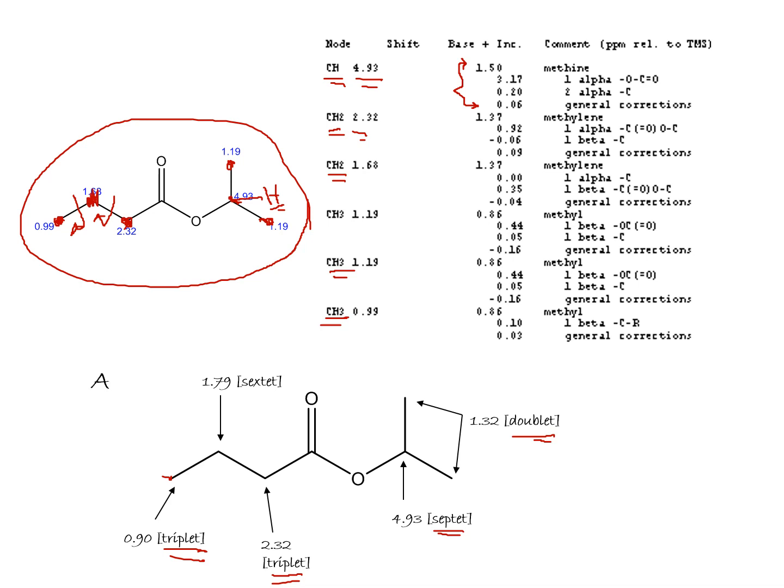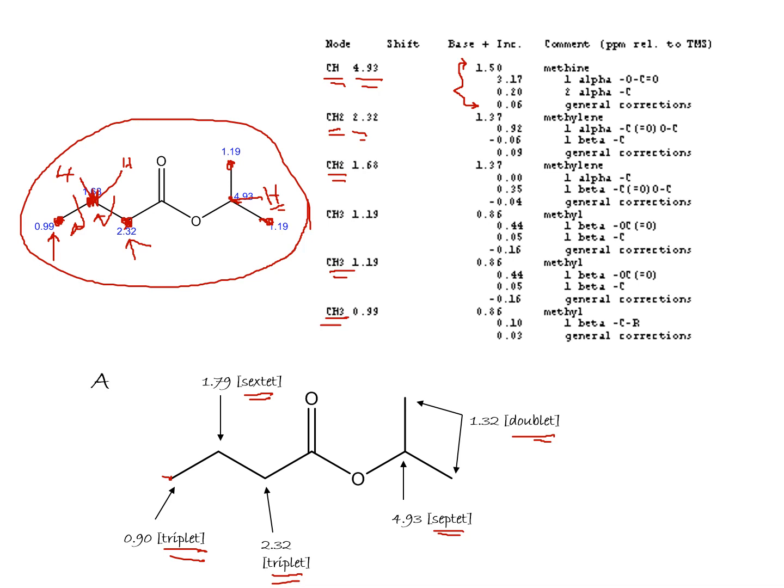Because of the free rotation, the coupling constants between the hydrogens on this carbon and the hydrogens on that carbon will make these CH2 groups appear equivalent. So 3 plus 2 is 5. So these CH2s will show up as 5 plus 1, 6, sextet. But why are they equivalent?